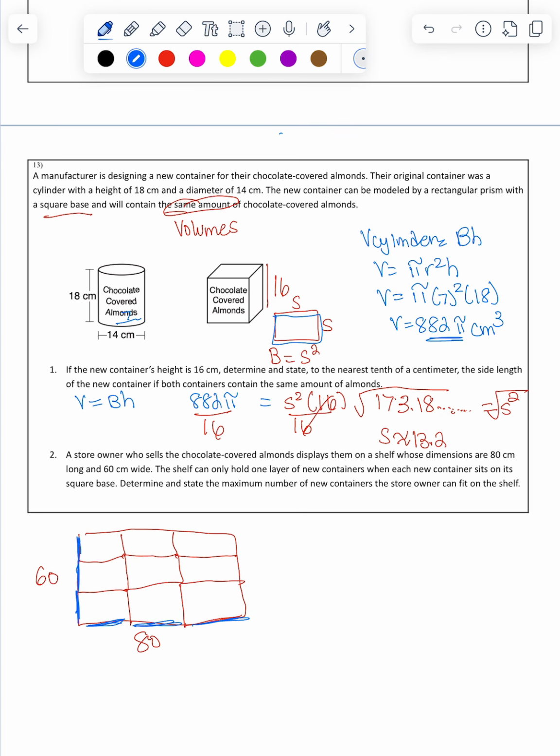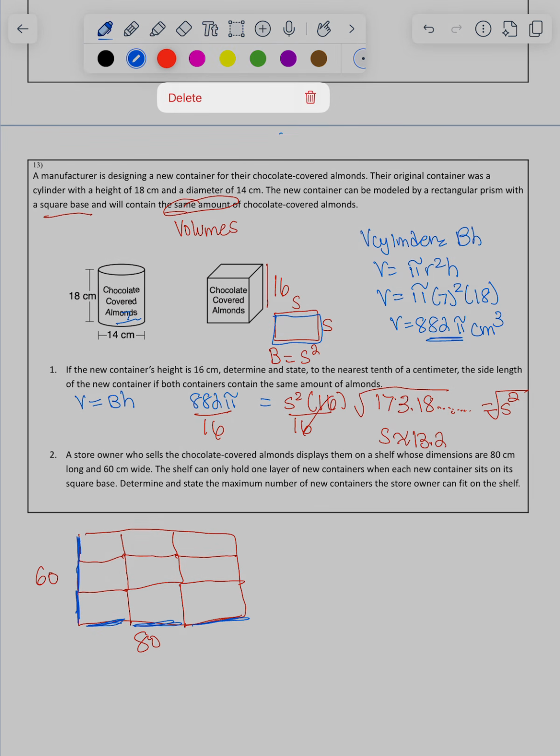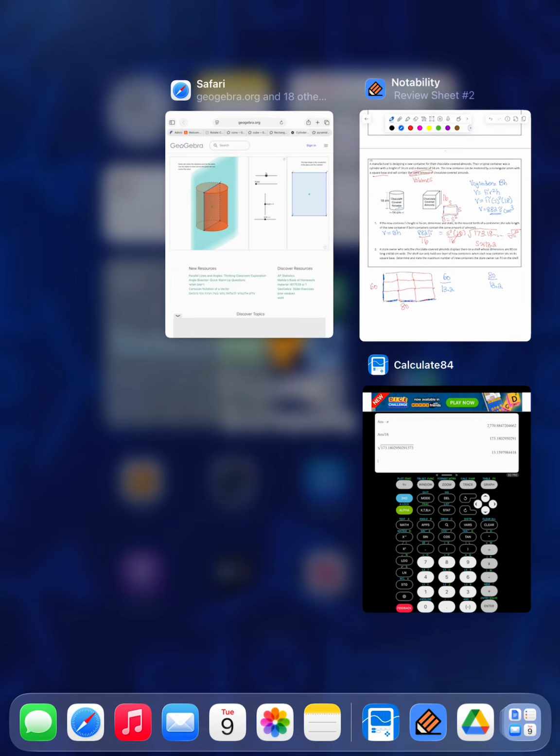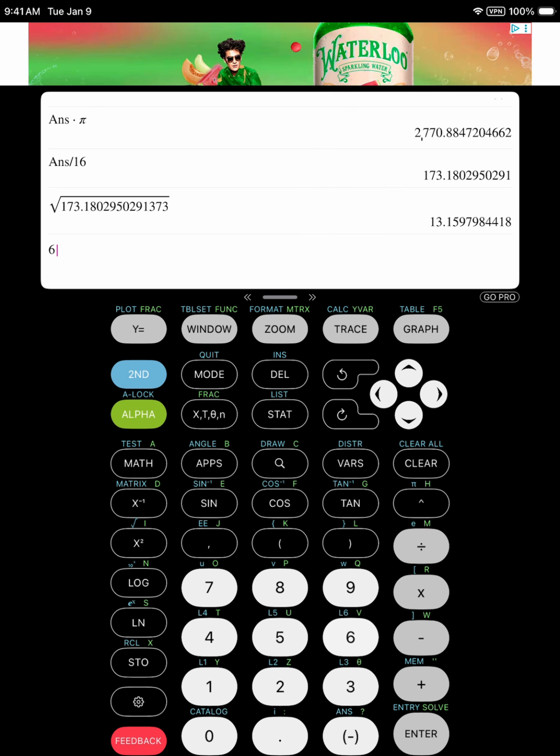So you can only put as many 13.2s as the 80 centimeter and 60 centimeter dimensions of the shelf will allow. So I'm going to take both of the dimensions, the 60 centimeters and the 80 centimeters, and find out how many 13.2s can go in each direction.